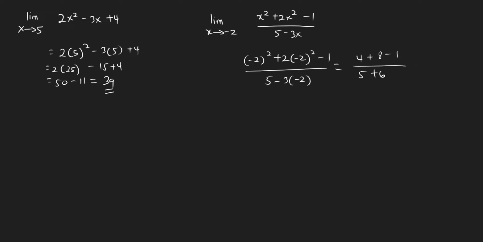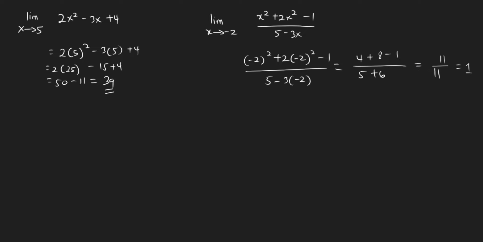So we have 4 plus 8 minus 1, which gives us 11, and then divided by 11, that's going to give us 1. That will be the limit of this function. So you see that after using the direct substitution method, we're able to find the limit of this function.